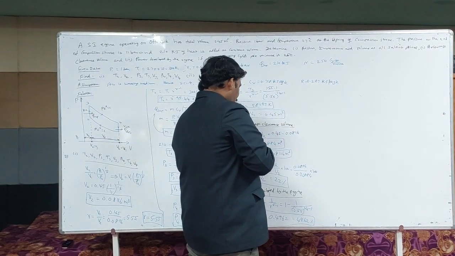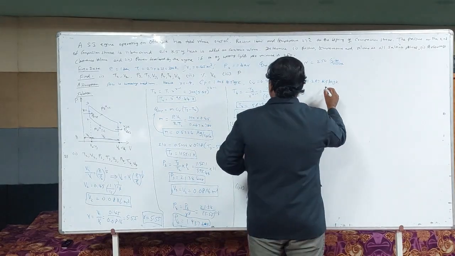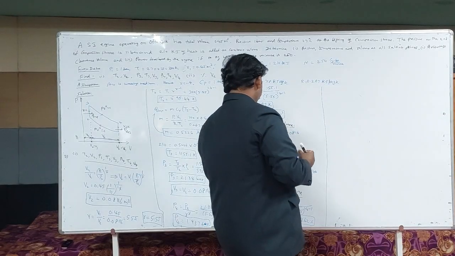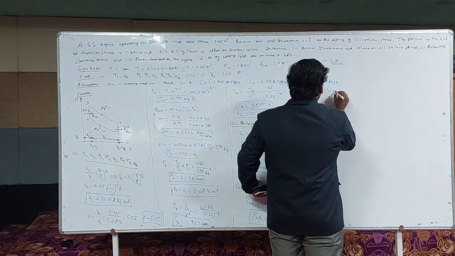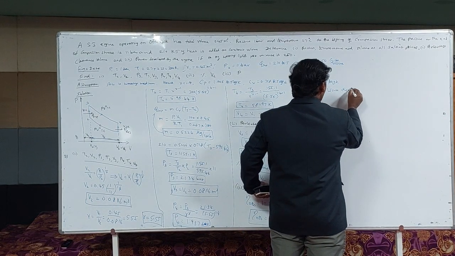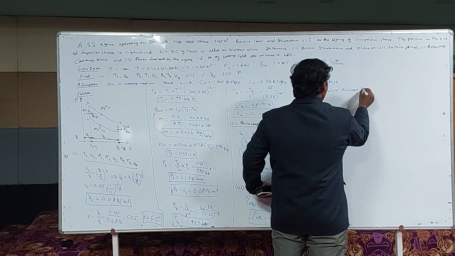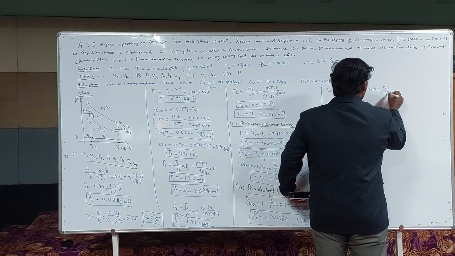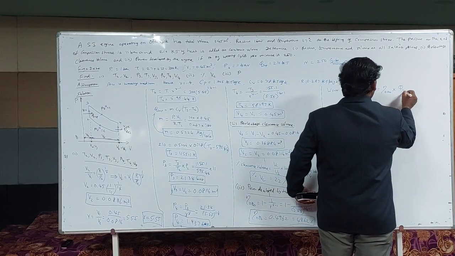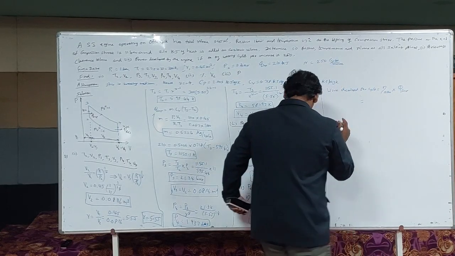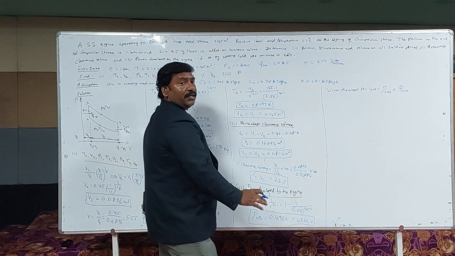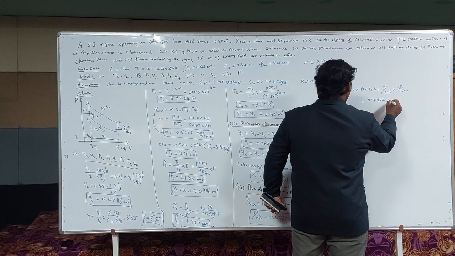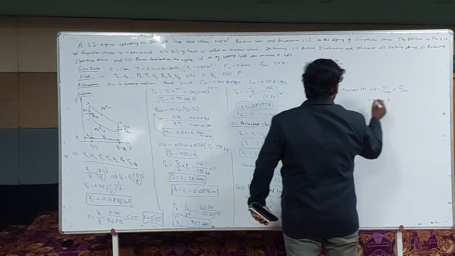And now we have to find out what is the work developed. So work produced or developed per cycle is equal to efficiency of Otto cycle into heat supplied. So we know efficiency of Otto cycle as 0.4962 into the heat supplied, 210 kilojoule.